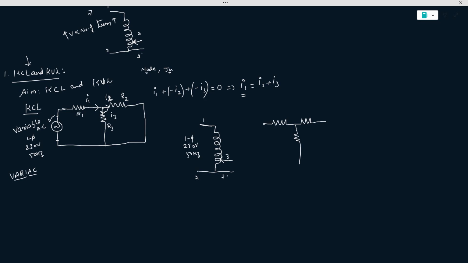So I can name them R1, R2, and this is R3. This terminal is connected to this terminal, and this terminal is connected like this, and these are connected like this.